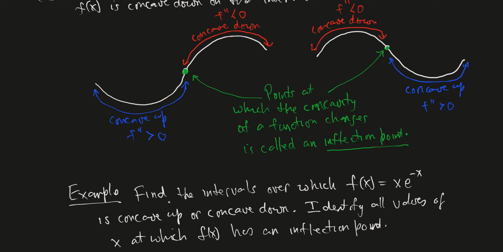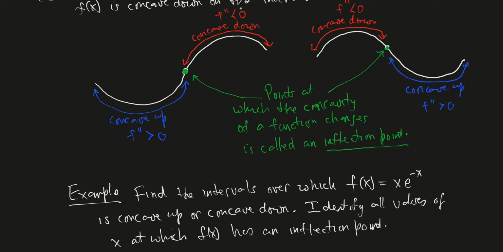In order to identify the intervals of upward concavity or downward concavity, we're going to have to solve inequalities again, but now these inequalities involve the second derivative. We have to determine where the second derivative is positive, and that would correspond to intervals of upward concavity.